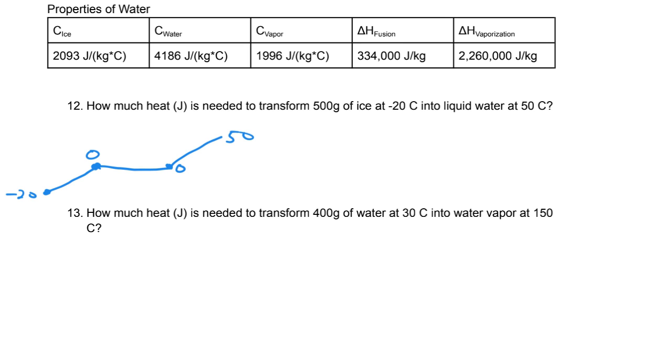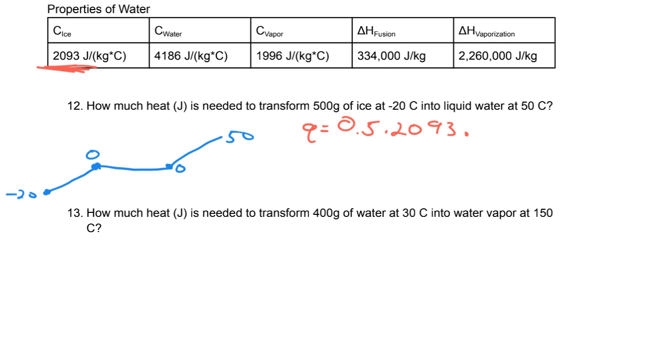All right, so for that first section, we'll just use Q equals mcΔT, but for our C value, we'll use the C value for ice up here. So Q equals our mass. The C value includes kilograms, so we better write our mass in kilograms, 0.5 times 2,090, or 2093.